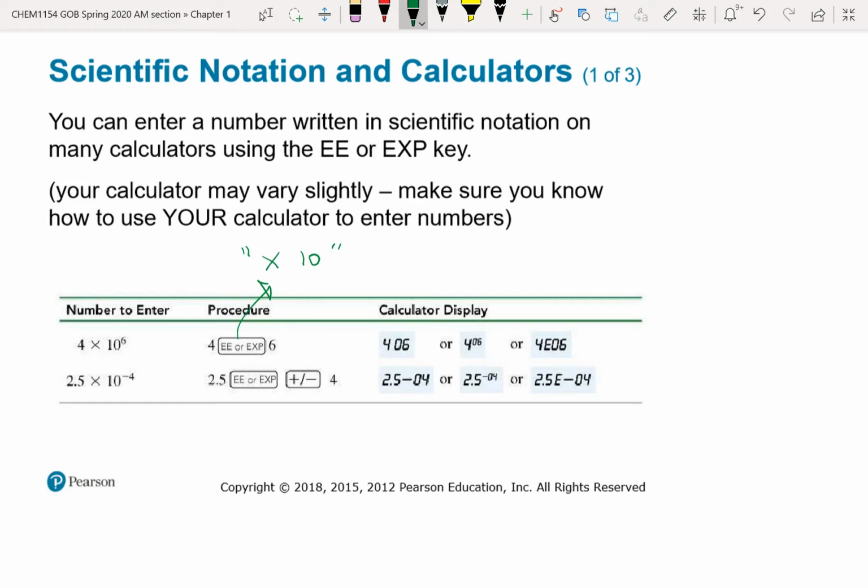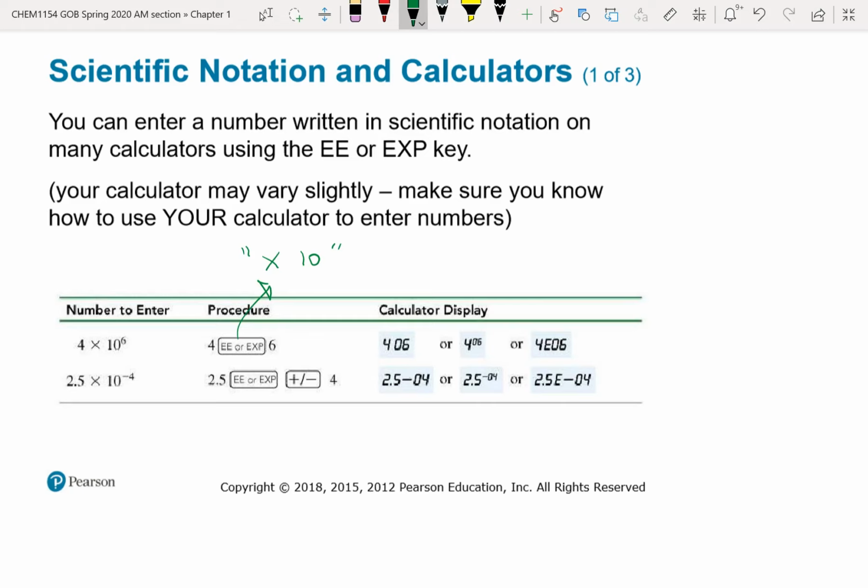They should all do the same thing, and then you enter the exponent to the power of 10, and if you just hit enter, it will give you what will show up. Is everybody getting this? The 4 times 10 to the 6. Are you seeing that as your readout? Is it giving you the entire number? Okay, if it's giving you the entire number 4 and 6 zeros after it, that's fine as well. It's just converting it to a regular decimal number.